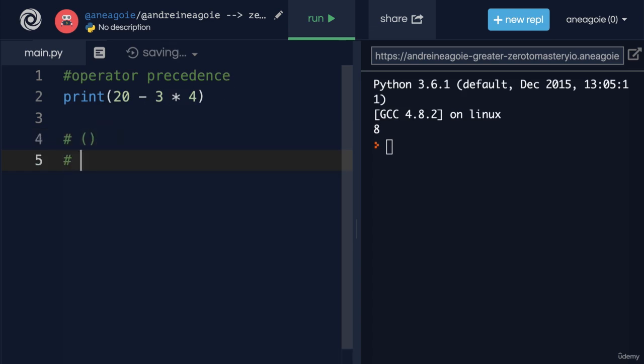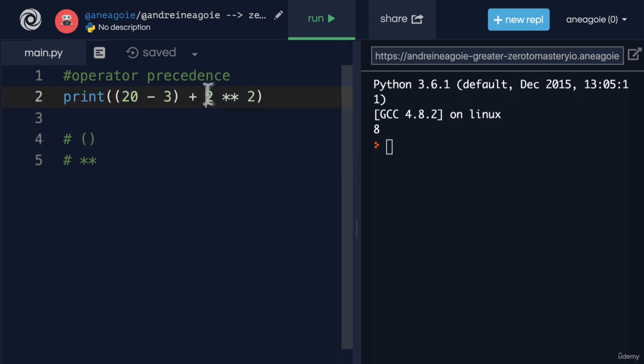The second is we do the power of. So whatever is done in the power of will be after parentheses. For example, if I do parentheses here, and then plus 2 to the power of 2, well, the first operation that will happen is 20 minus 3, because that's the first precedence.